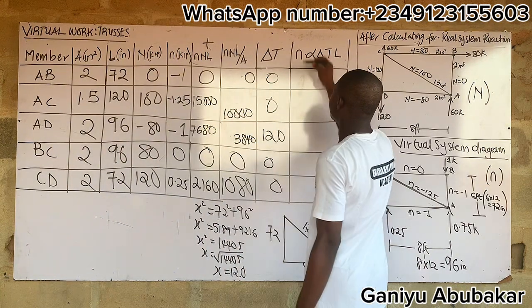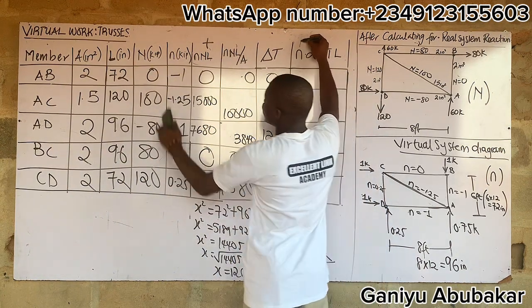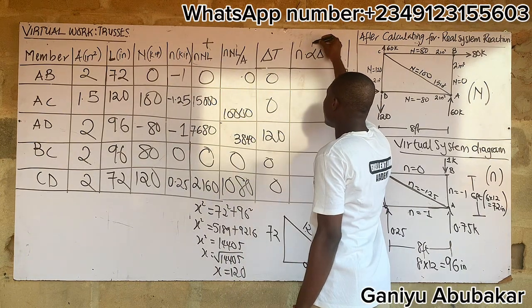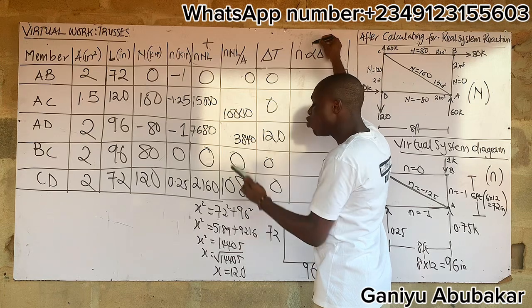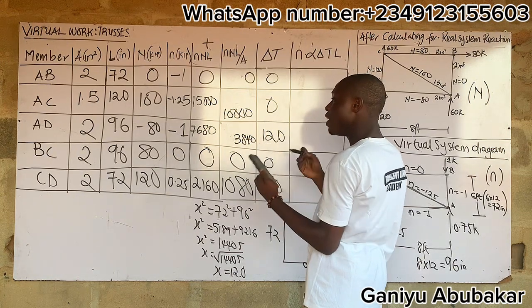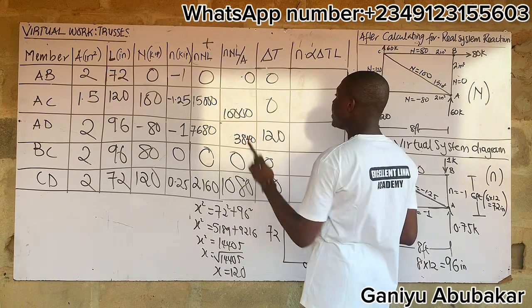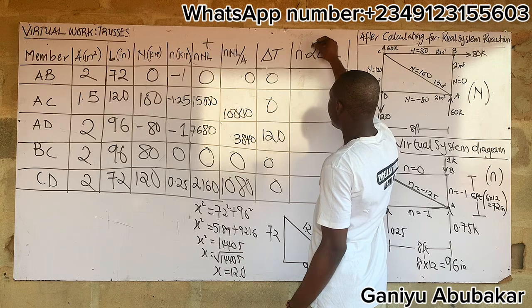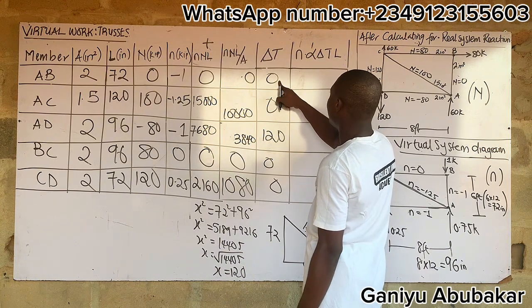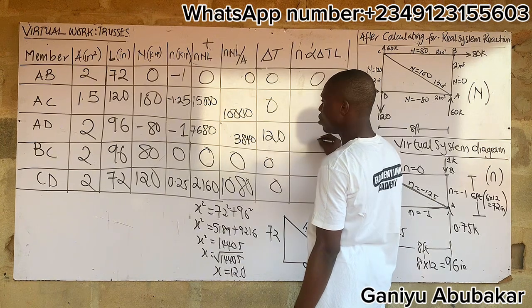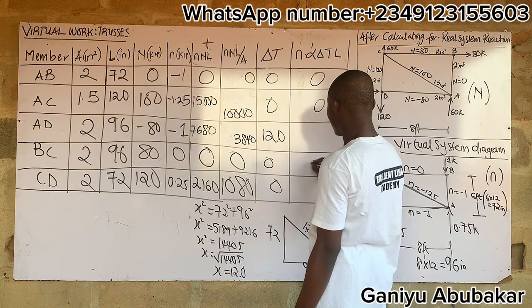So here's the thing now. I'll multiply small n with this one, small n, by alpha. Observe that alpha is also only given at what point? AD. So point AD still has an alpha value. All these ones do not have, right? So it becomes 0. Here is 0, 0, 0.